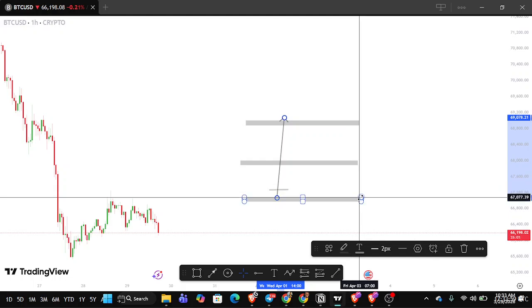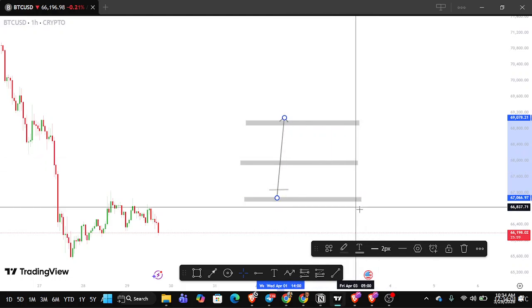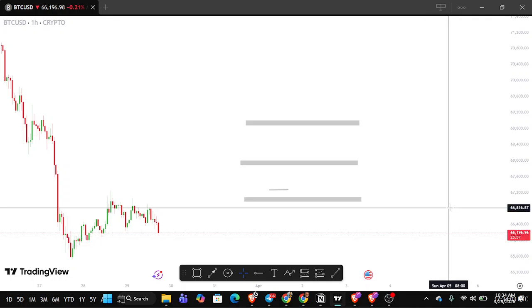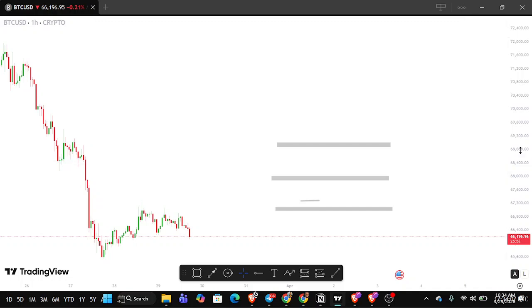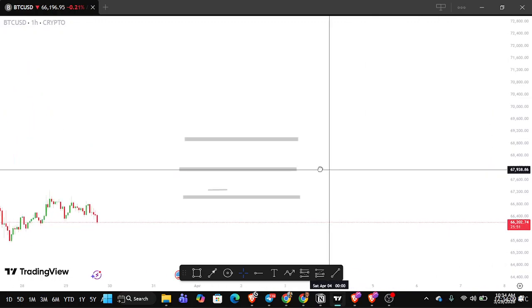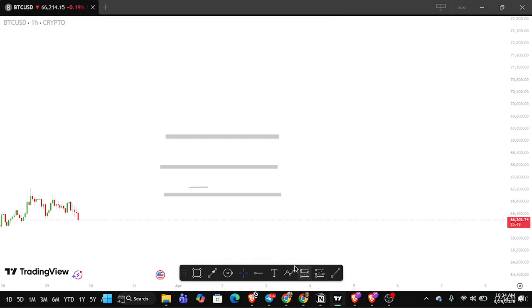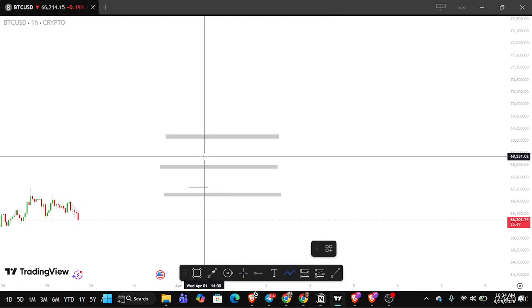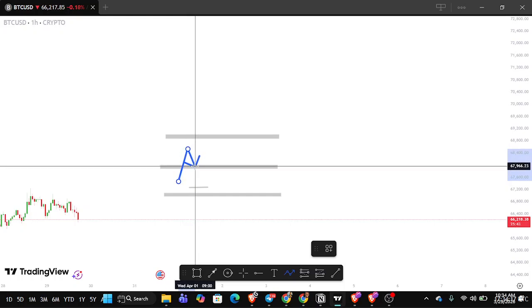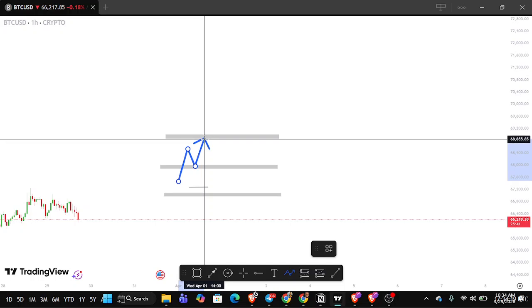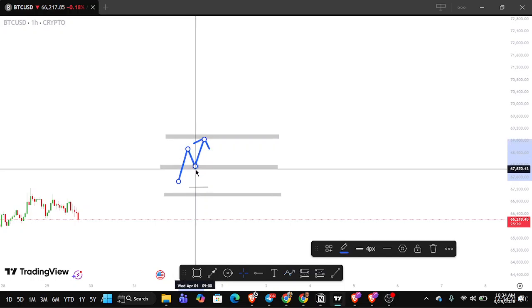Now, how do these zones relate to ICC? Some people say ICC is support and resistance. It's not fully like that, because usually support and resistance is when price hits here and goes, right? This is what they call support and resistance.